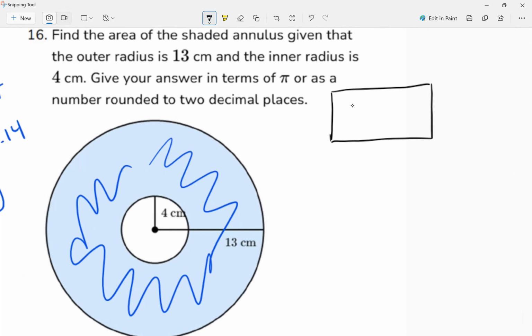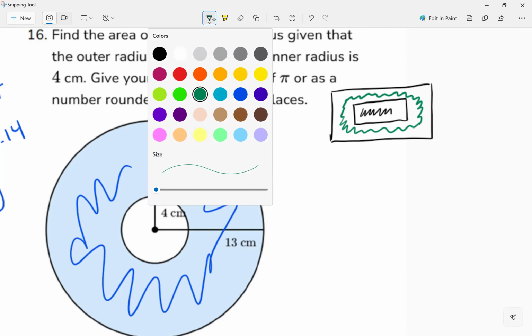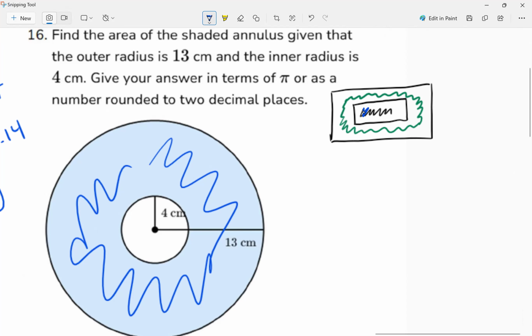Inside of the garden, you have a rectangular swimming pool. They're asking how much of the outside of that is going to be grass. So I'm going to put this green for grass, and for the pool, let me go blue because the water looks a little bluish. So they ask you how much grass do you need? What's the area of the grass area?